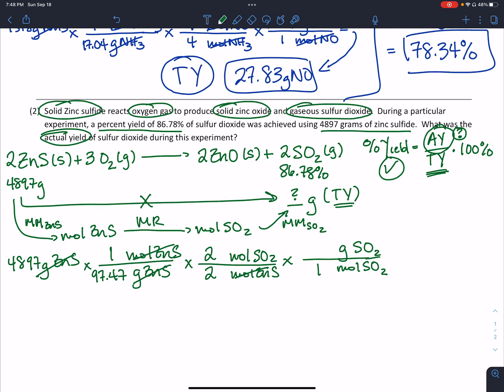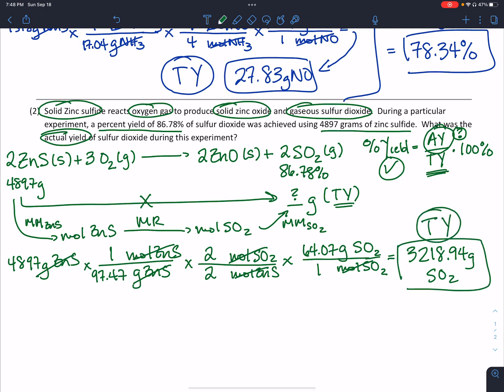According to the periodic table, 1 mole of SO2 has a molar mass of 64.07 grams. So that's going to cancel. And we're going to find, once we use our calculators, that we should have produced 3,218.94 grams of SO2. This is our theoretical yield.